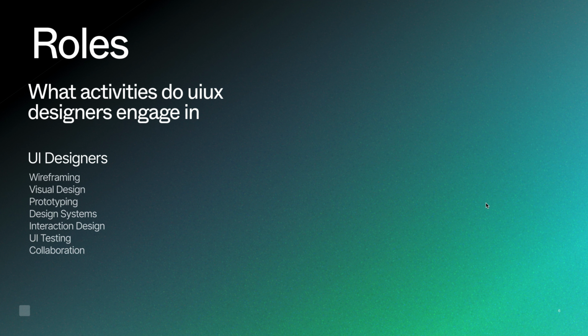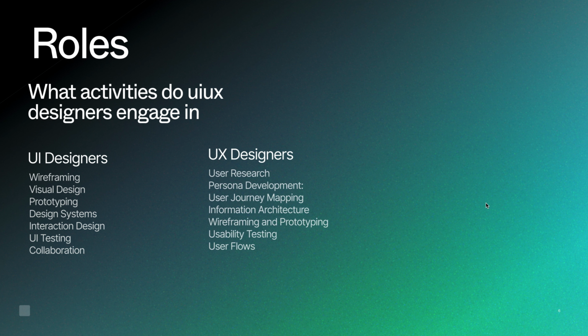So let's go. For UI designers, you can see there are some activities that they perform day-to-day. We have wireframes, visual design, prototyping, design systems, UI testing, and also collaborating with other stakeholders. So we are going to look at the activities of UX designers. We have user research, persona development, user journey mapping, information architecture, usability testing, and user flows.